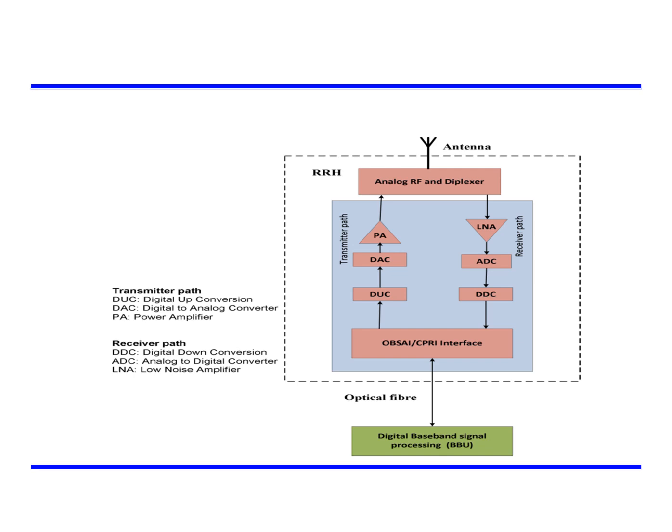The RRH architecture can be visualized from the figure given here. It consists of DUC, that's digital up conversion, digital to analog converter, and power amplifier in the transmitter path, and in the receiver path we have DDC or digital down conversion, analog to digital converter, and low noise amplifier.